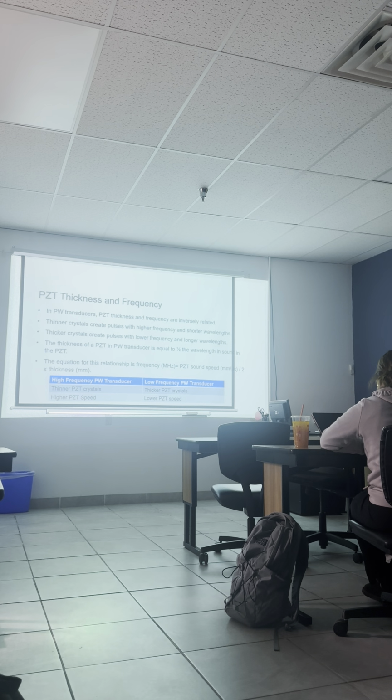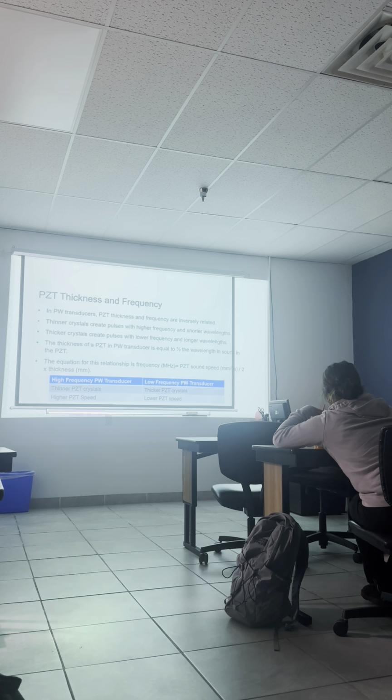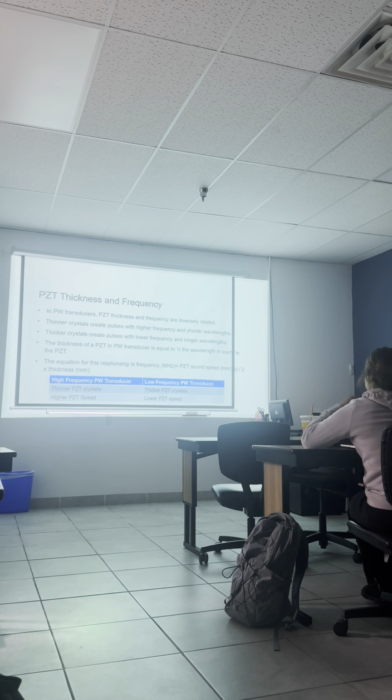The thickness of a pulse wave transducer is equal to half the wavelength of sound in the PZT. Yesterday, I did the wavelength is equal to the thickness, not the thickness is equal to the wavelength. They're different, so that's why it was division yesterday instead of multiplication. It could be either or.